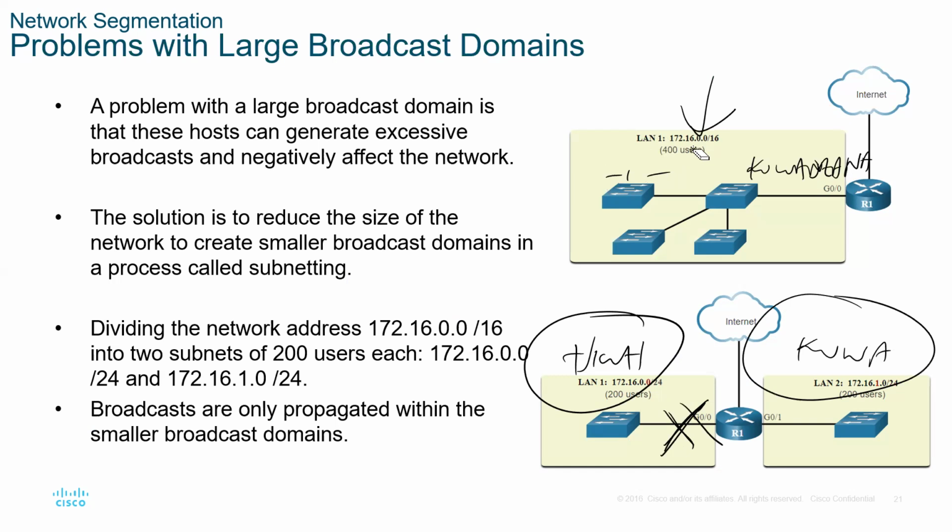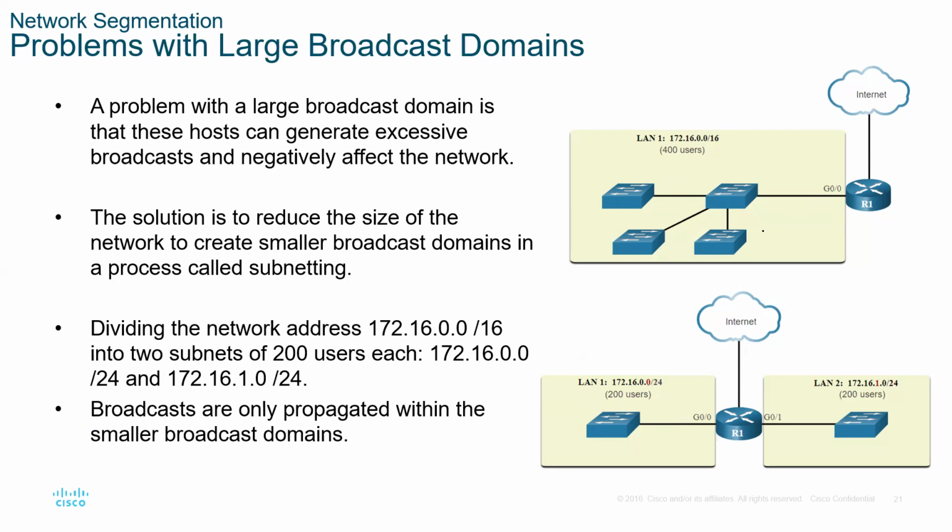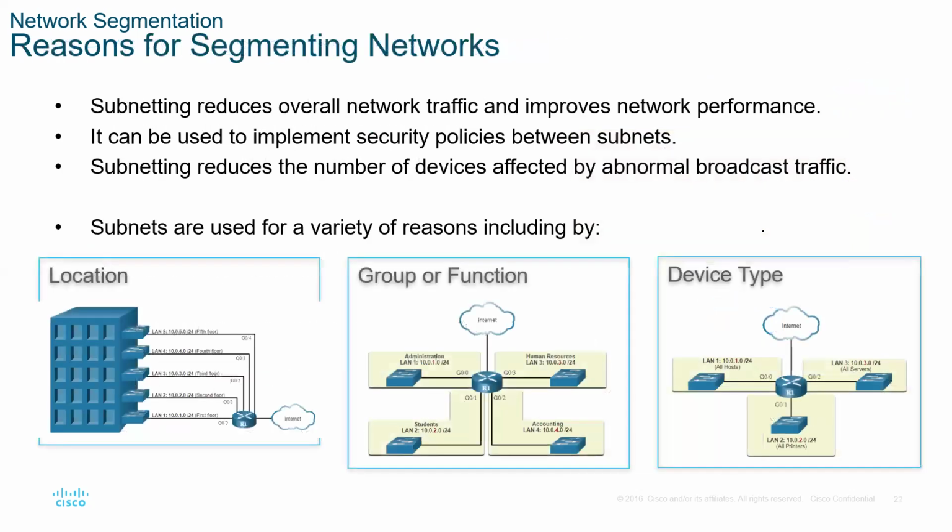However, if they are all in the same broadcast domain, if this link goes down, everyone will be affected. So segmenting networks comes with a number of advantages. We've already talked performance, implementation of security policies, and the number of devices being affected if a network goes down.